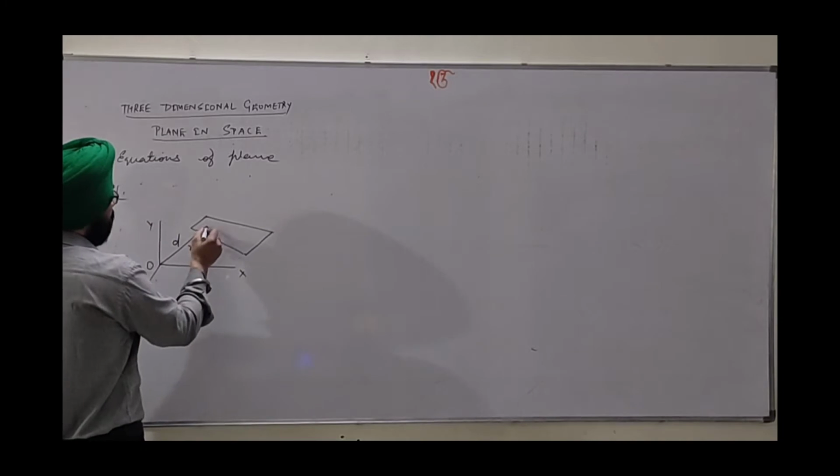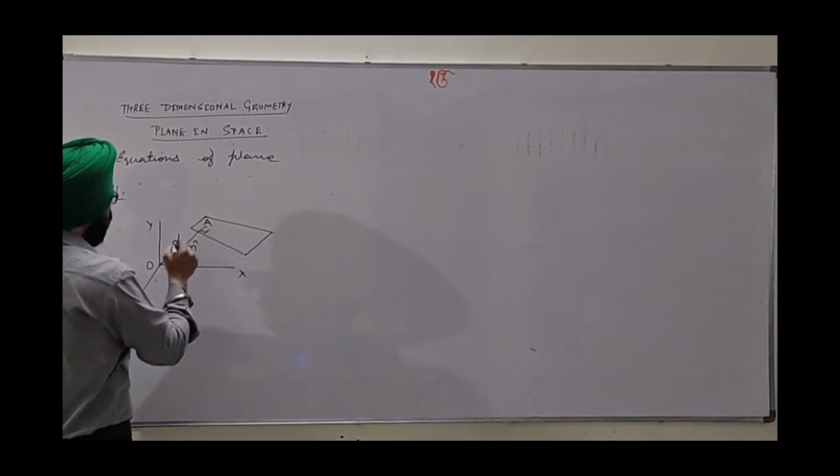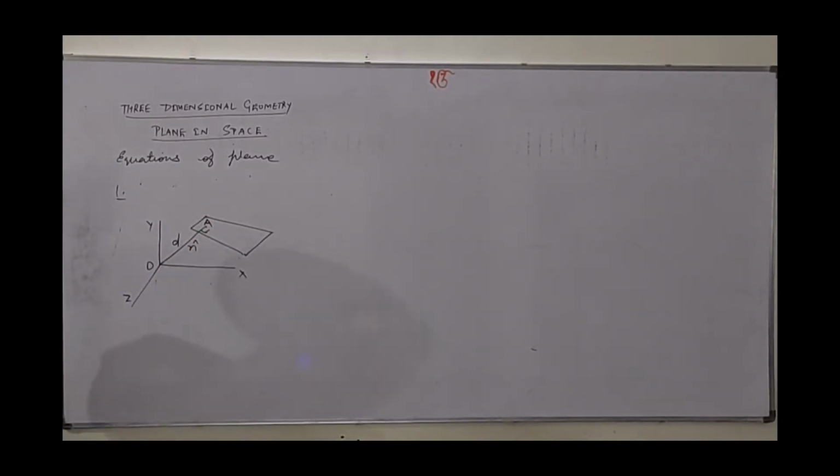In the figure as I am drawing, let's suppose this point A is the foot of the perpendicular from the origin. So we are talking about the length OA, this is small d, and the direction of vector OA is n cap. This information is given.